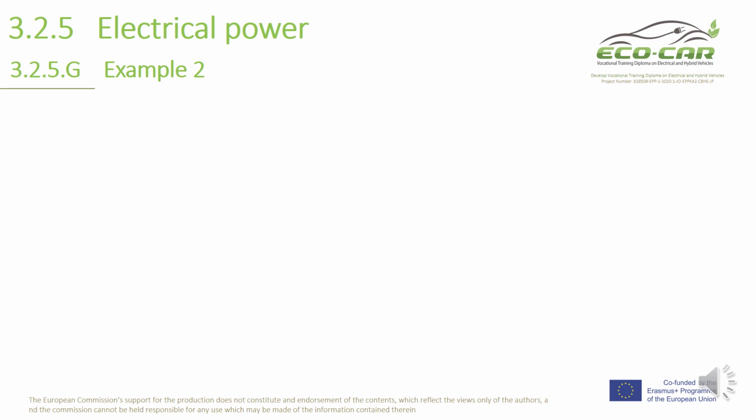Let's take another example. What is the resistance of a radiant heater that dissipates 1000 watts of power when its voltage is 200 volts? This heater has a radiant heating element inside it of about 1000 watts.